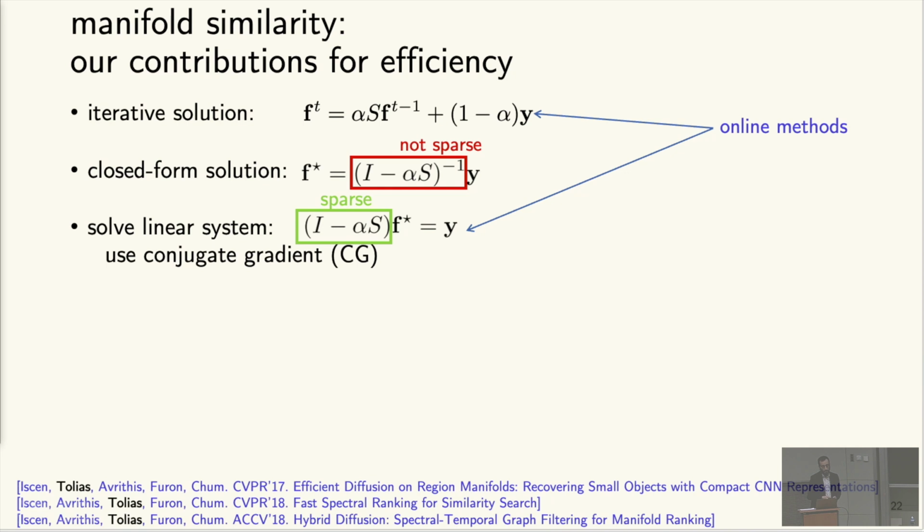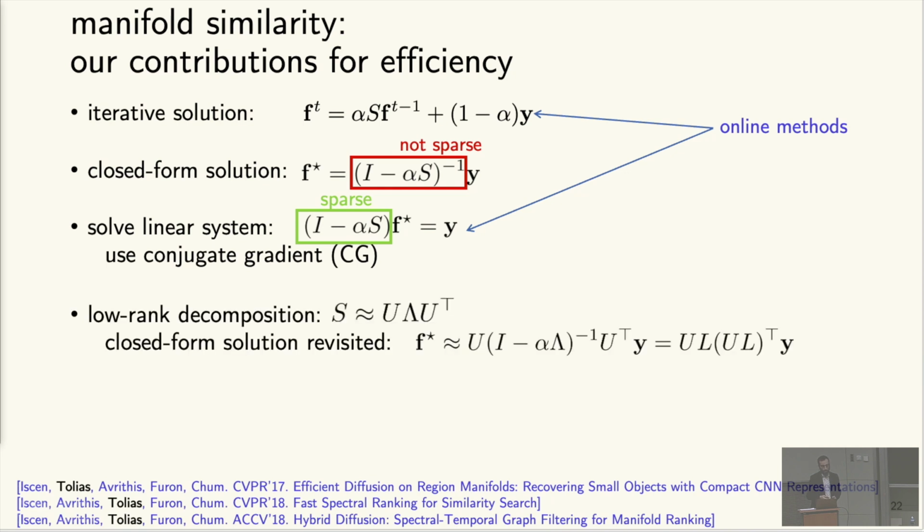This iterative process is performed during the query time. We go one step further in our work and use a low-rank eigen decomposition of the matrix that is involved. There are approximate methods in the literature that allow us to do this at large scale, and this allows us to revisit the closed-form solution.